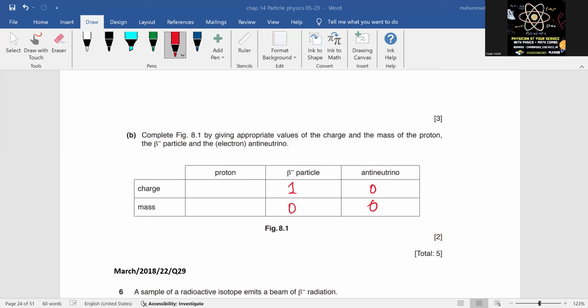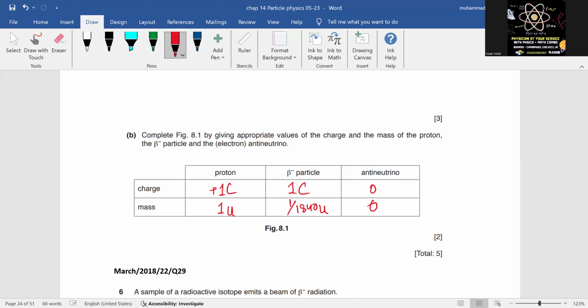And the proton's charge will be positive 1. Perfect. And you can place the coulomb with it, right?